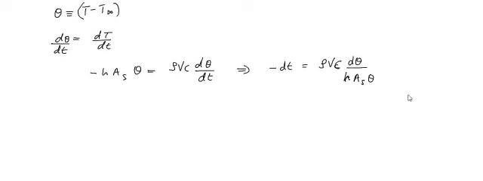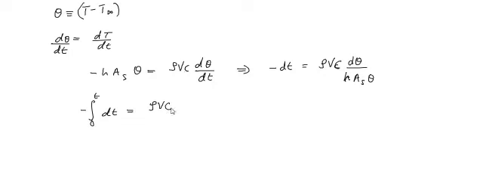And now let us say we are going to integrate this to find out what is the temperature distribution. So if I integrate that, we get negative of the integral from 0 to t, so we're taking from time 0 to any time t, dt equal to ρVc.